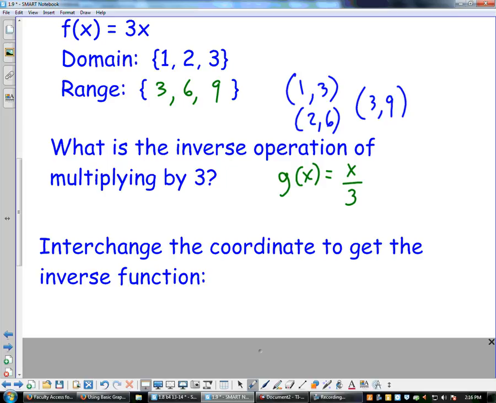Emily C. We want to interchange the coordinates to get ordered pairs on the inverse. So instead of (1, 3), if I plug in 3, I'm going to get 1 and so on. So what are the ordered pairs? We're looking for ordered pairs. (3, 1).